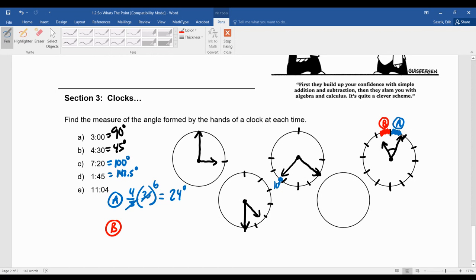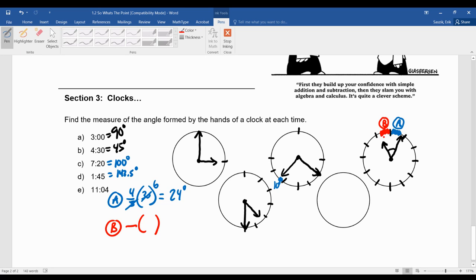Section B, that's dealing with the hour hand. Now here's the important thing to think of here. Does this shaded area represent the number of minutes until the next hour or since the last hour?